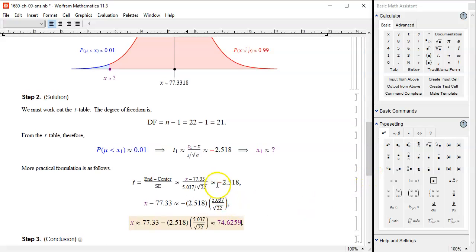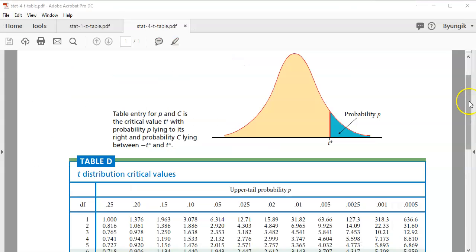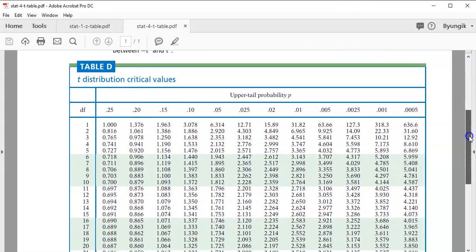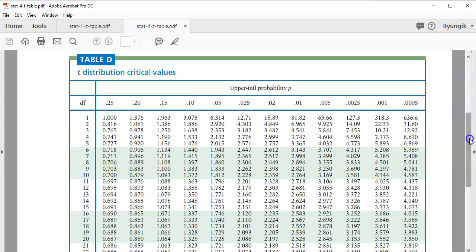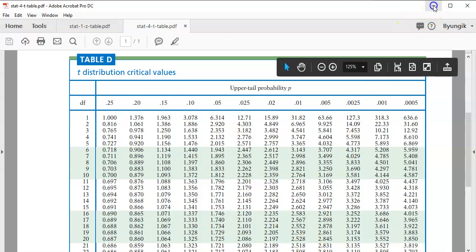By the way, what if you don't see this negative sign? Suppose that you just made a sign mistake. That is, from the t-table of degree of freedom 21 and 0.01, you get 2.518, and let us suppose you just blindly used it.